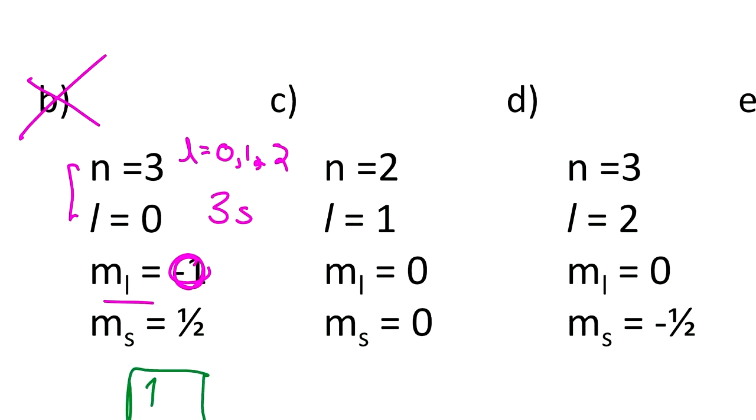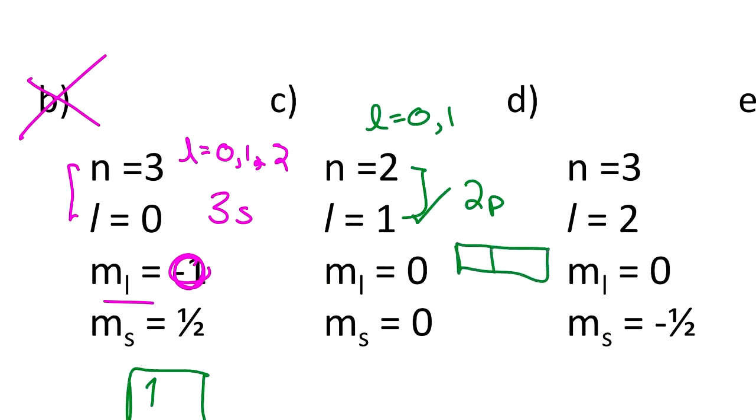All right, C. n of 2, so the possible L's are 0 and 1. So we can have that L value. What is this subshell called? 2p. How many boxes does a p orbital have? 3. Can I have an orientation of 0 for this p subshell?